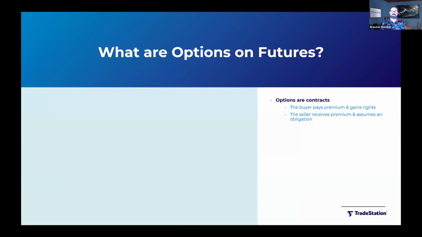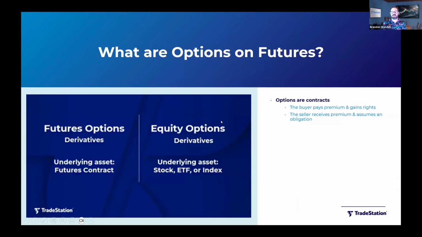So basically, options on futures are just that. They are option contracts, as you would have on any other underlying, but they're on futures. So they're derivatives of a derivative. A derivative is a security that derives its value from something else. In the case of an option on equities, they derive their value from the underlying stock.